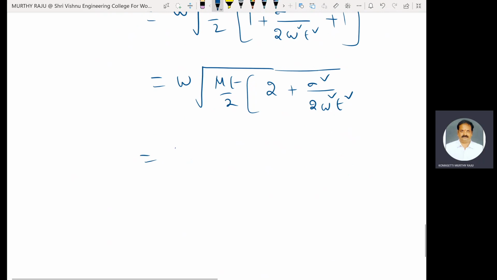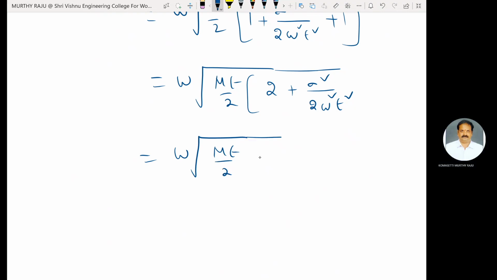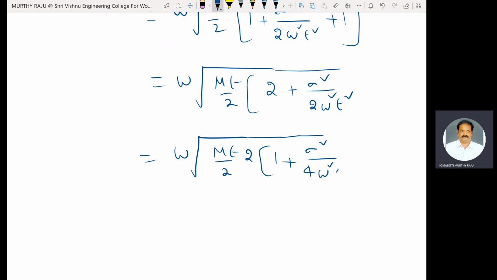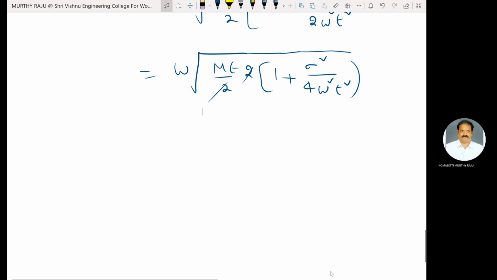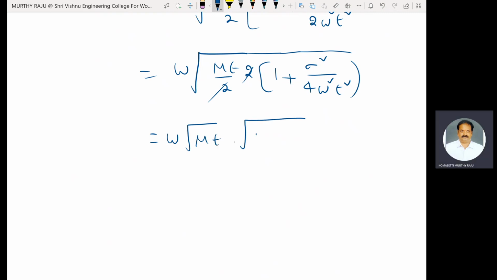The 2 is brought outside: 1 plus sigma square by 4 omega square epsilon square. This 2 cancels, so that is omega square root of mu epsilon times the square root of 1 plus sigma square by 4 omega square epsilon square.